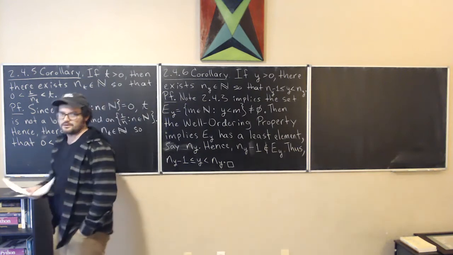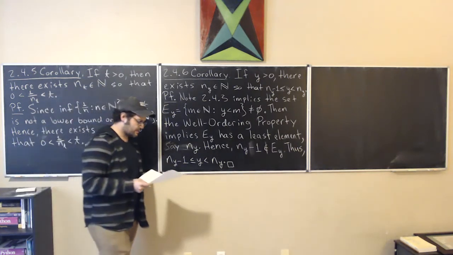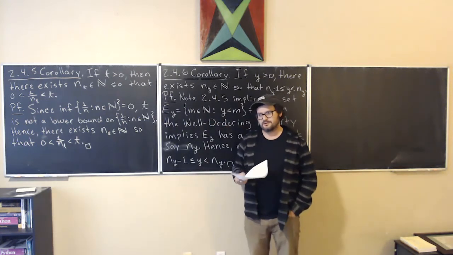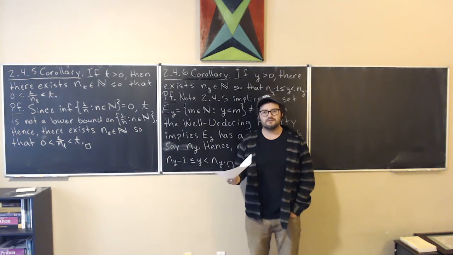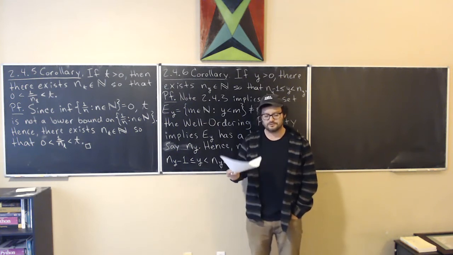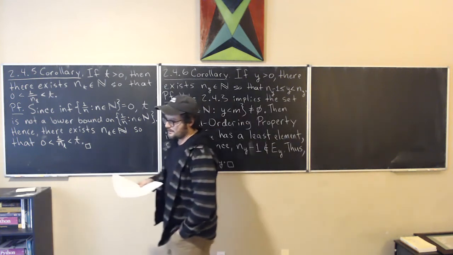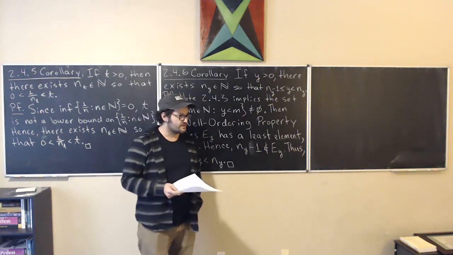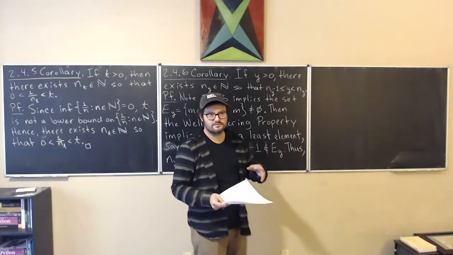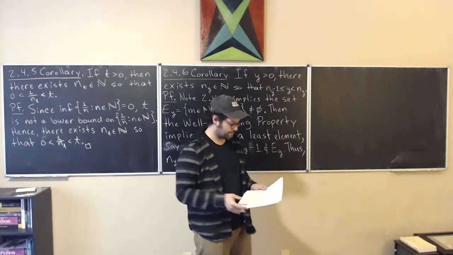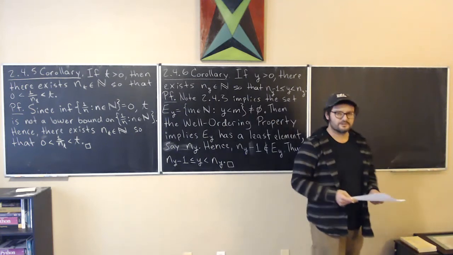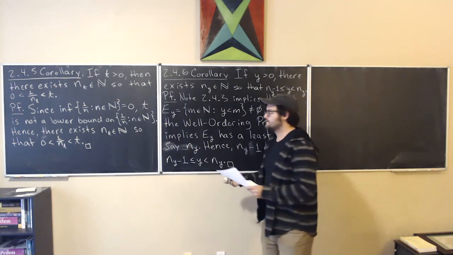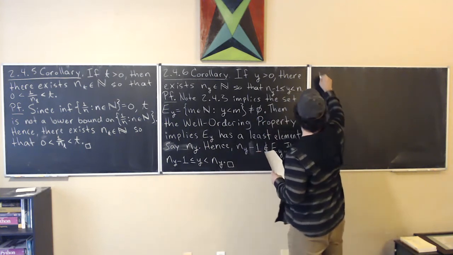These corollaries, these Archimedean properties of R, imply that there's something called density of the rationals in the real numbers. So as we have seen, and you've probably seen before and we'll see again, the set of irrational numbers is uncountable, whereas the set of rational numbers is countable. So that's just something to note.